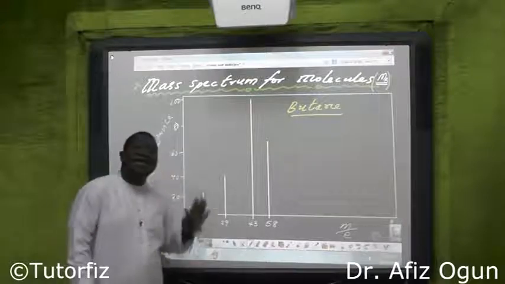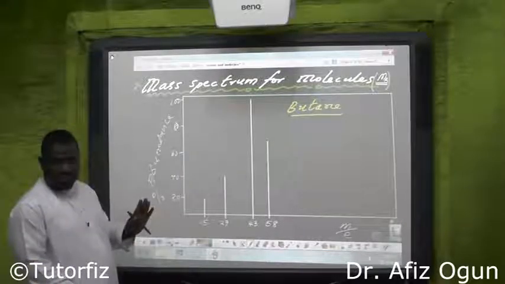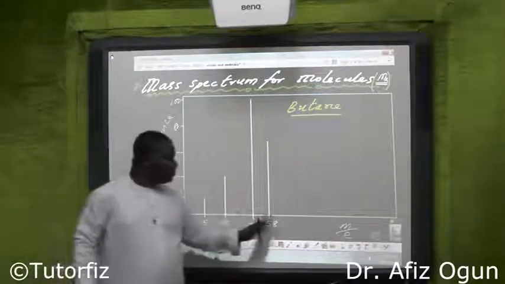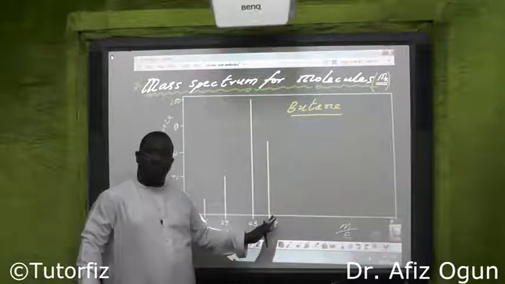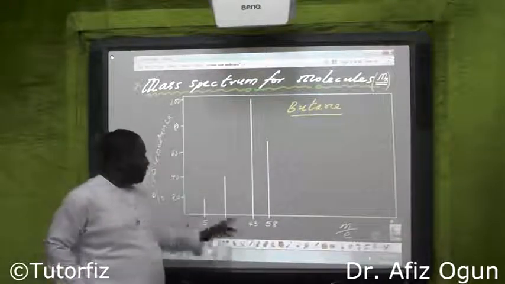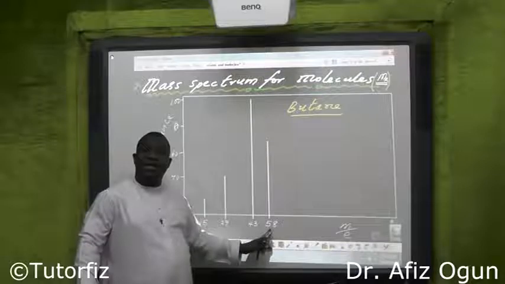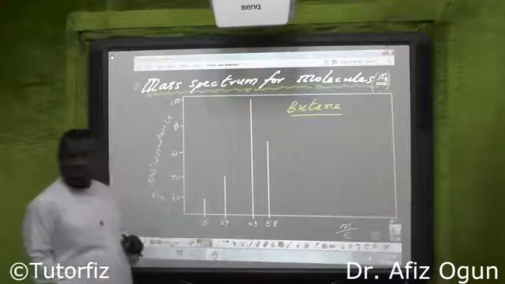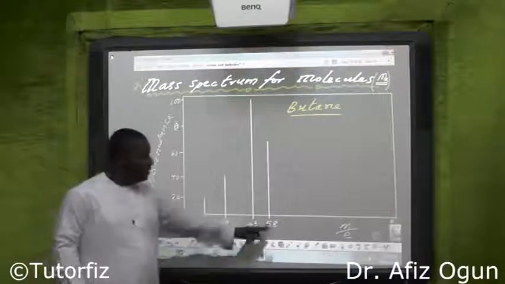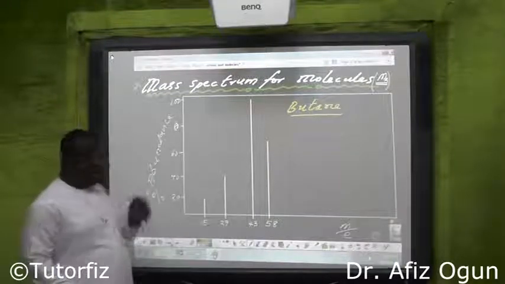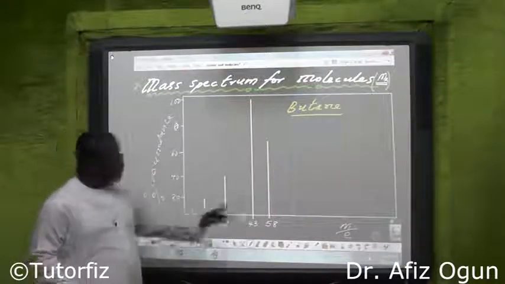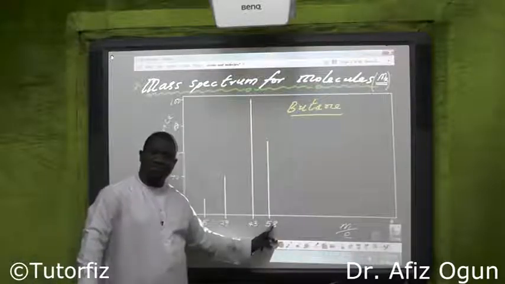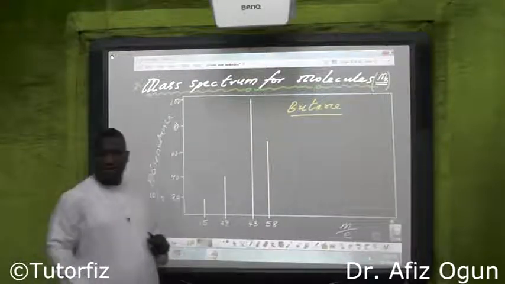The molecular peak is always the one farthest to the right. So for butane, the molecular peak here is 58. The molecular mass is 58 for butane. If you see another one, just look at the far right. The last one is the molecular mass.